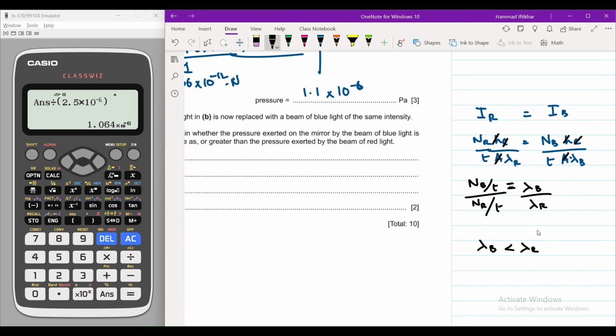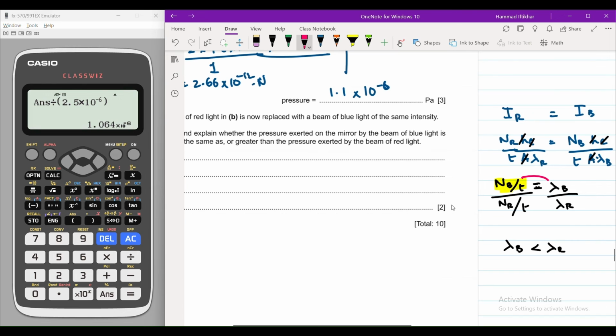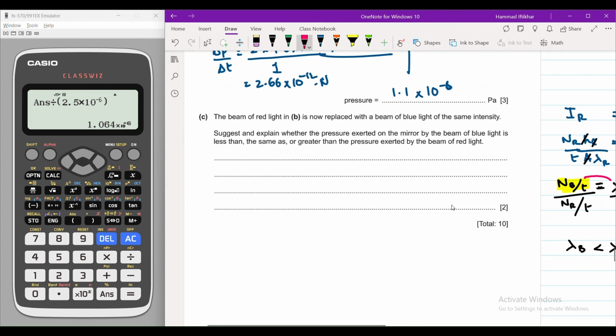So this means that the number of photons of blue light will also be lesser now, because as you can see, these are directly proportional to each other. So since the number of blue photons per unit time incident on that cross-sectional area will be less by that same ratio, let's see what that means basically.